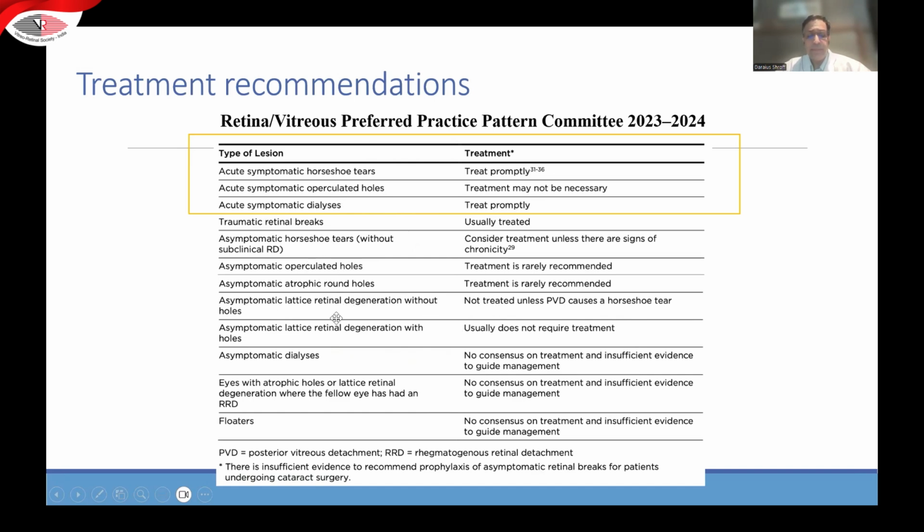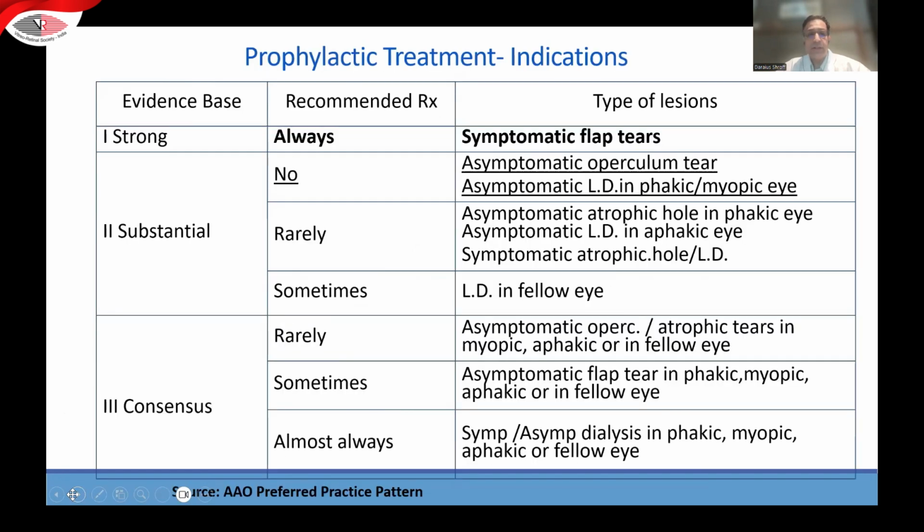So, I think it's very important that these people are given what we call passive prophylaxis, which we are taught by Dr. Price. They're told about signs of detachment. They're told that if they get flashes of light, if they see thousands of small floaters, if they see a black curtain in any field of the eye, then they must come immediately to us for checkup. But we don't really need to unnecessarily treat them.